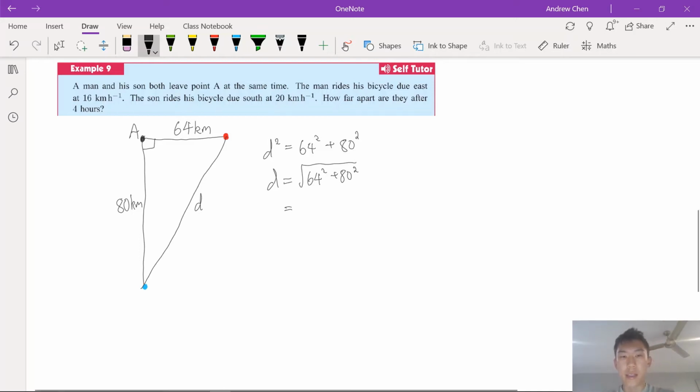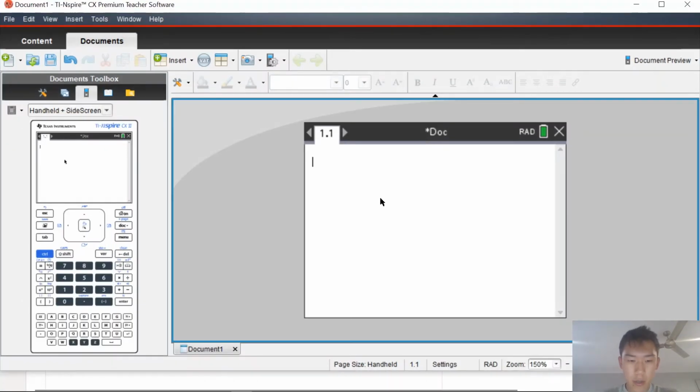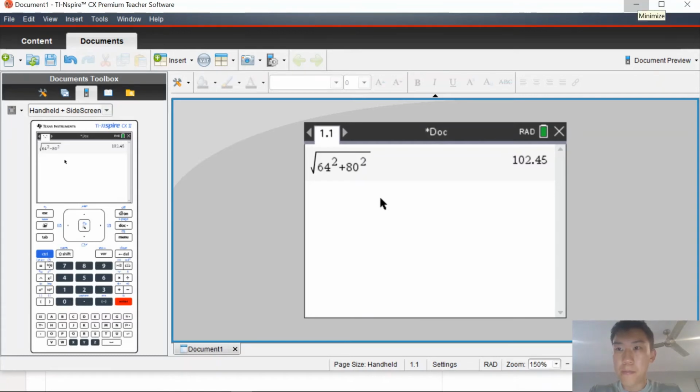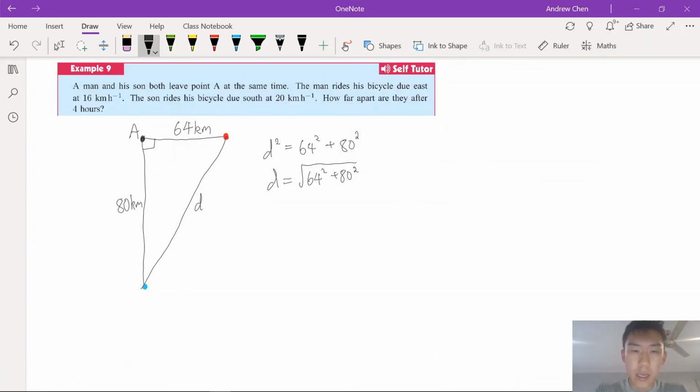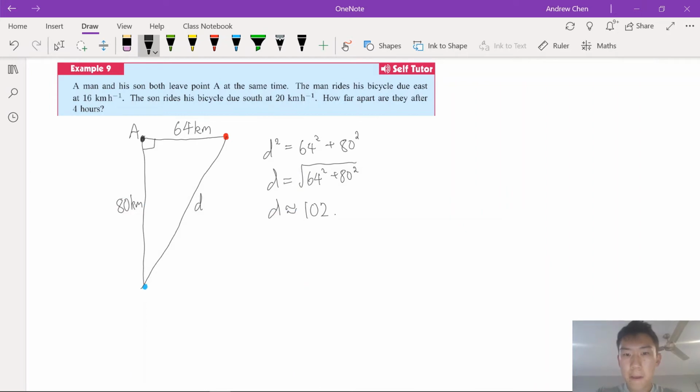Let's write that and then calculate it. Square root of 64 squared plus 80 squared is approximately 102.45. So d is approximately equal to 102.45 kilometers, and then answer the question.